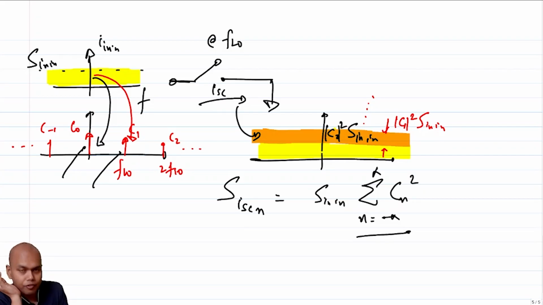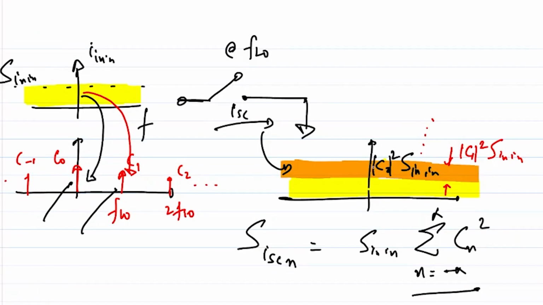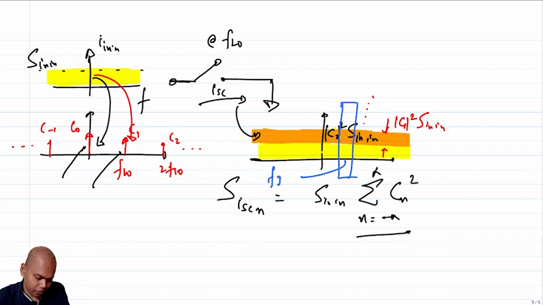Now, what is your frequency of interest? If you recall, our frequency of interest is around FIF, right, which is at a much lower frequency, right? So let's say my frequency of interest is here. Let's say this is FIF, correct? So around FIF, I am getting stacking of these PSDs, correct?